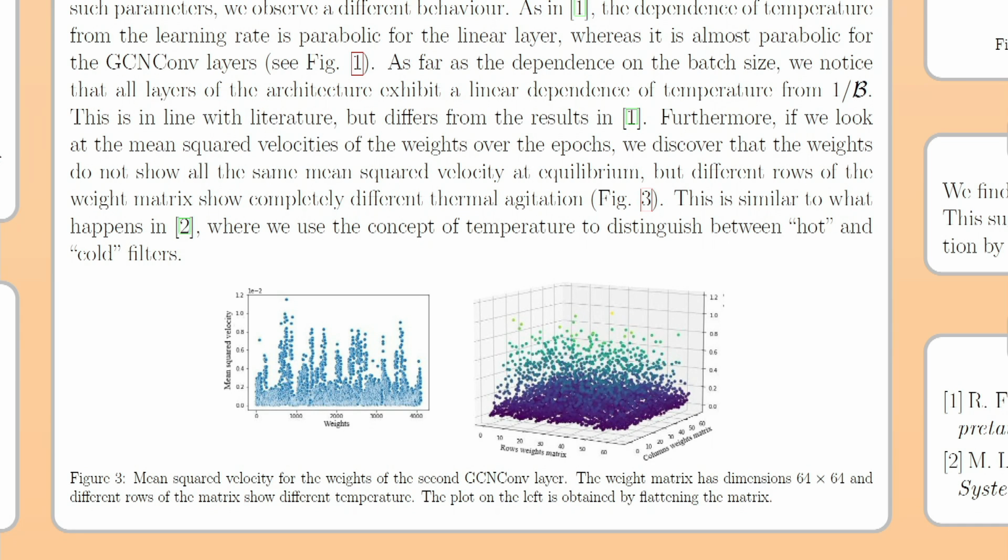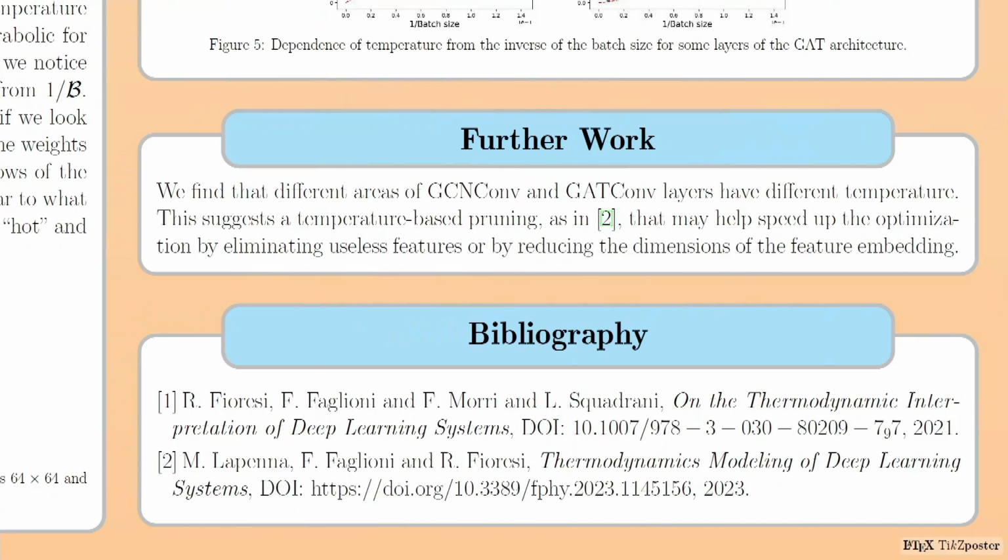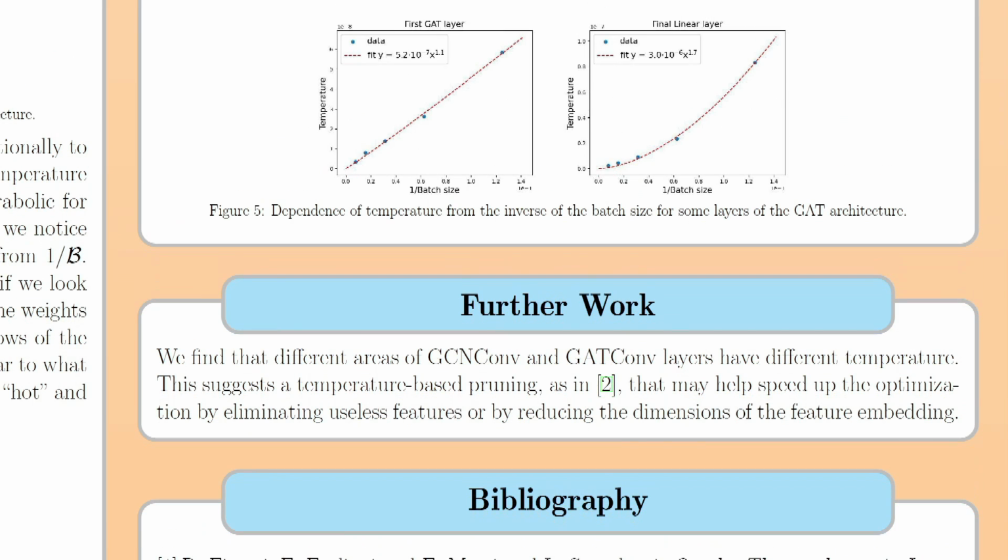And one useful thing we can do is use this fact to introduce a pruning technique, and so maybe reduce the embedding dimension for the features, or also ease the optimization of the network by reducing the number of parameters.